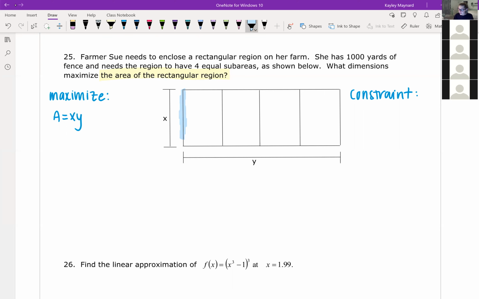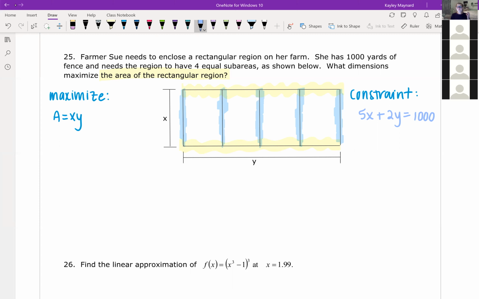Here is 1x because each of these lengths is x. So 2x, 3x, 4x, and 5x. So we know that 5x plus 1y and 2y, plus 2y needs to equal 1,000 because we only have 1,000 yards of fence.